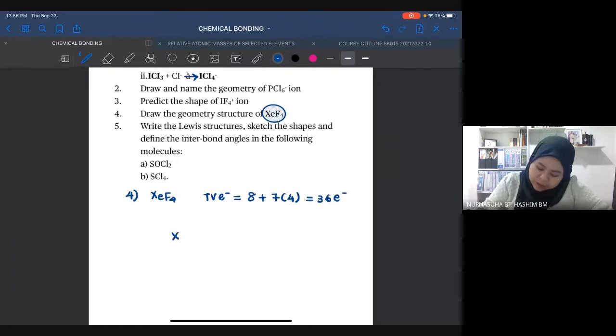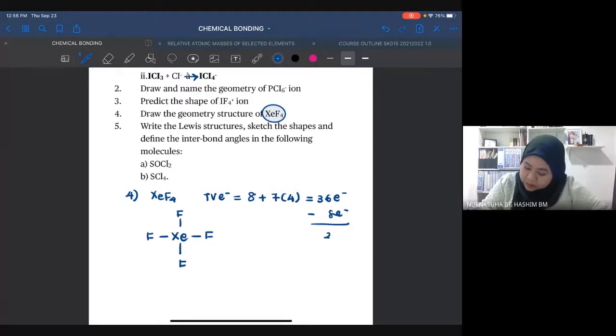Okay, now we draw the Lewis structure for xenon fluoride. Okay, minus 8. Kita dah buat valence electron. So, 36 tolak 8 sepatutnya 28 ya. 6, 12, 18, 24.